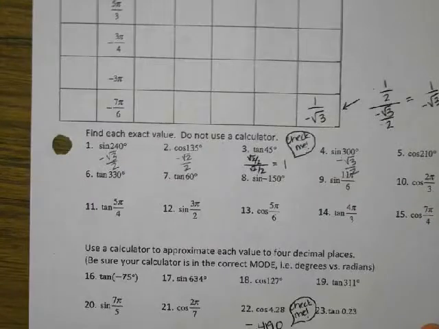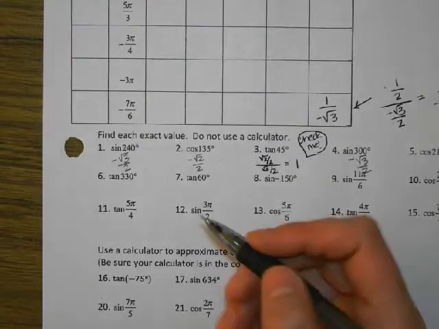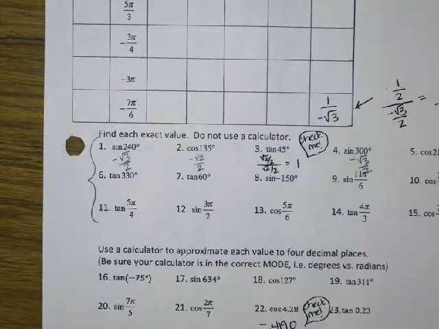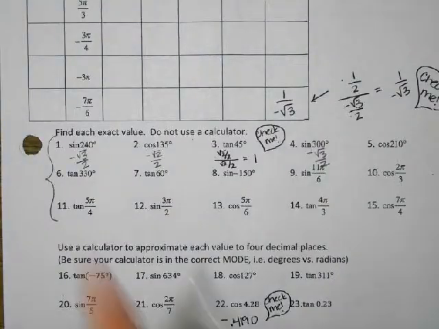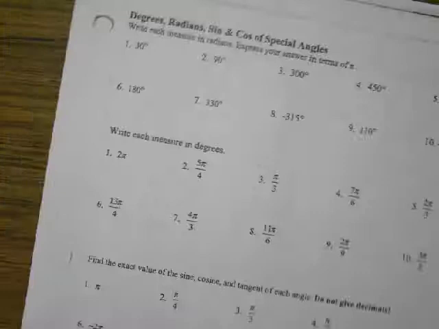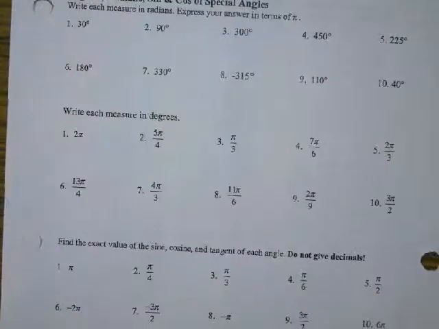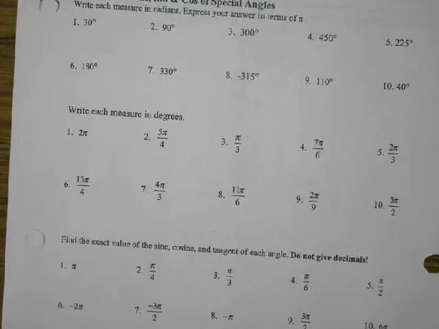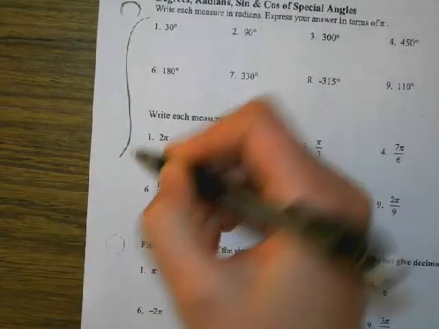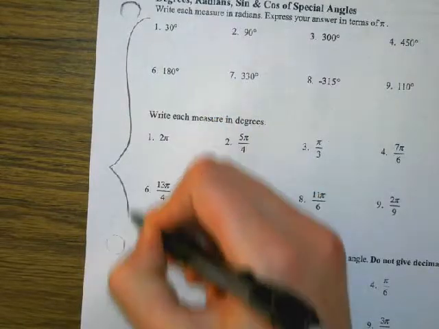All right, so here is your homework for tonight. Are you ready? I want this whole section done, 1 through 15 right here. And then go ahead and flip it over. And then I want these 3 sections.